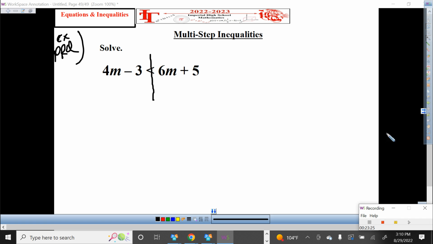Jennifer, what's the first thing you did? Subtract 4m to get all variables to one side. We end up with negative 3 less than 2m plus 5. Continue. Mia Gomez, go. Subtract 5 to both sides.